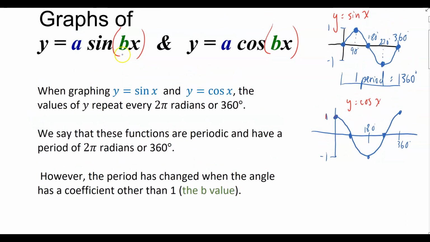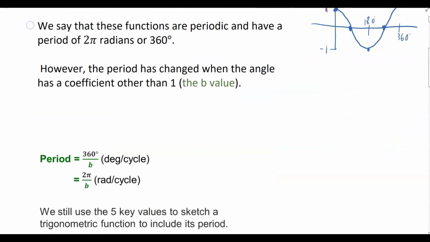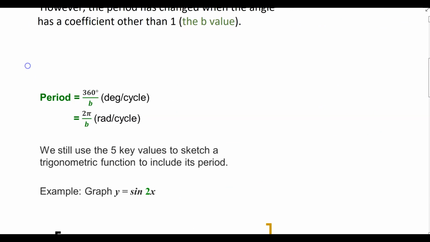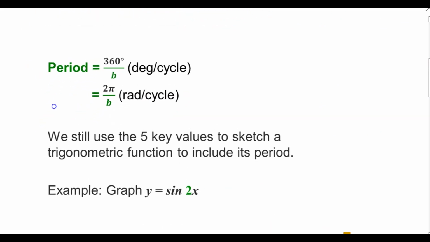This b value in the equation, when it is a 1, the period is 360. So when we change the b to other values, either less than 1 or greater than 1, this is when the period becomes changed. So to determine the period of a function before we get started graphing it, we can use these two equations.